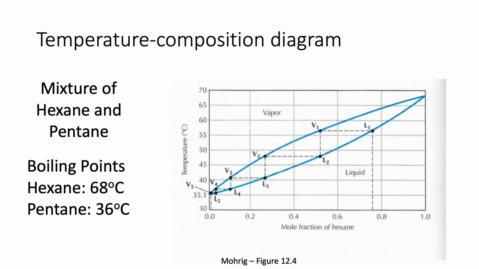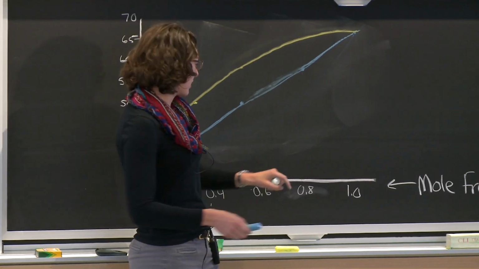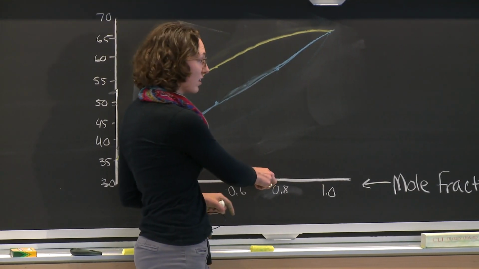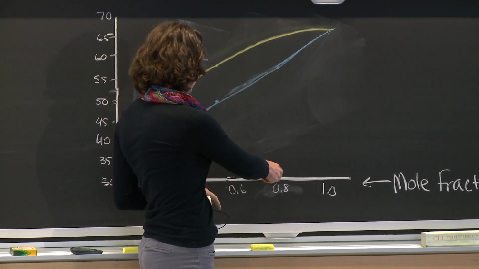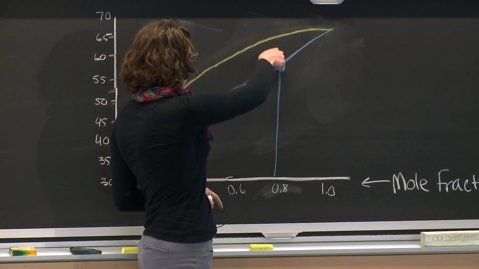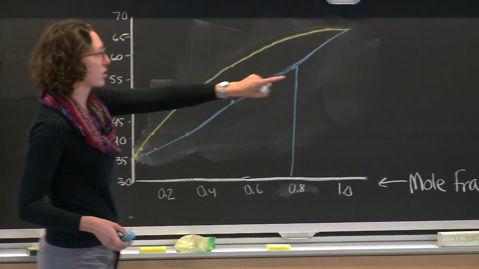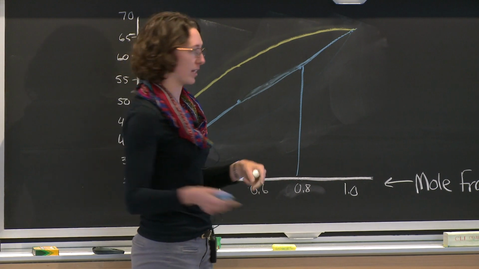So if you have a mixture of hexane and pentane, this is just a theoretical situation, and the boiling point of hexane is 68 degrees and pentane boils at 36 degrees. And we wanted to get pure pentane, which is our lower boiling point compound. So if we start out with a mixture that's about 75% hexane, and we vaporize it, then the boiling point of that liquid will be closer to the boiling point of hexane because there's more hexane in it.